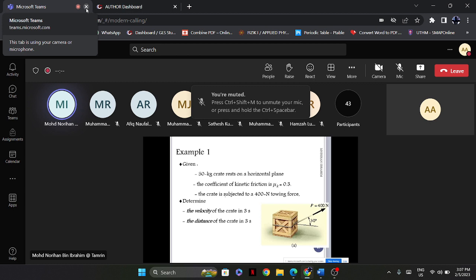The crate is subjected to a 400 Newton towing force, which is this one, as you can see here, these illustrations of this crate. This pull with the constant force of 400 Newton and the directions of 30 degrees. So the question is determine the velocity of the crate in 3 seconds. And the second one is what is the distance of the crate in 3 seconds.